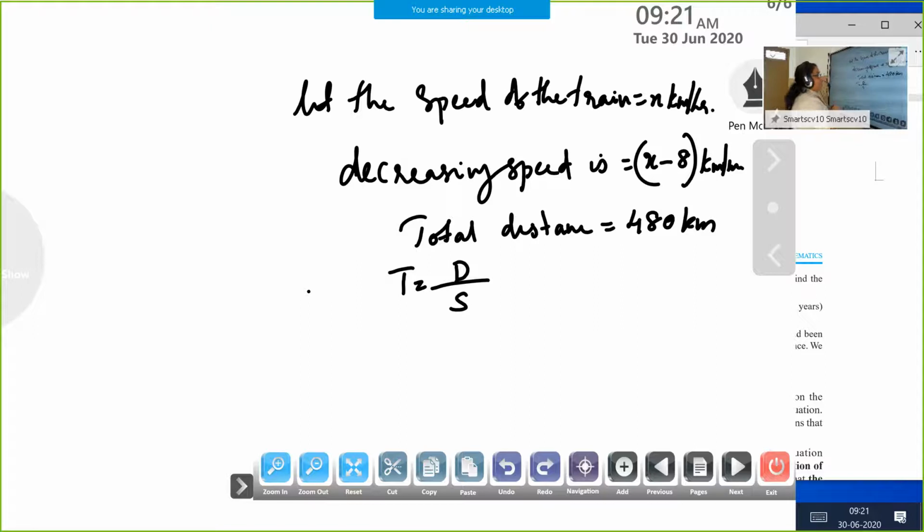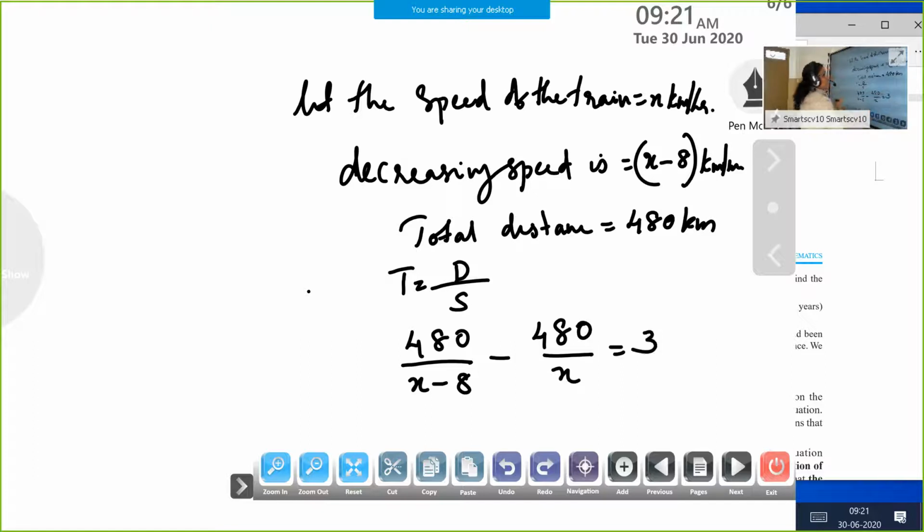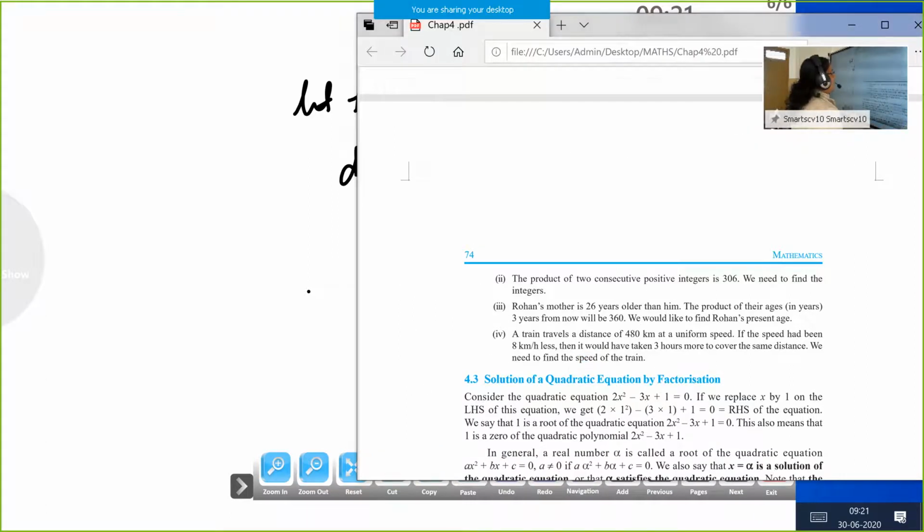The difference between both is 480 divided by x minus 8 minus 480 divided by x, which is equal to 3 hours. If the speed is decreased, it takes 3 hours more to cover the same distance.